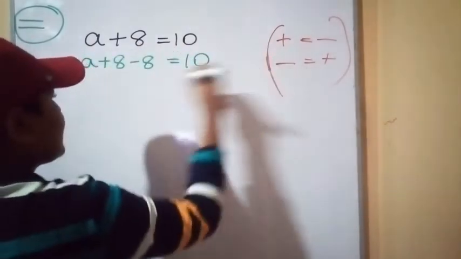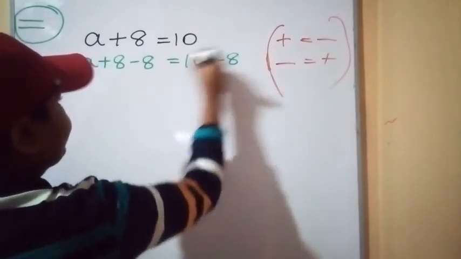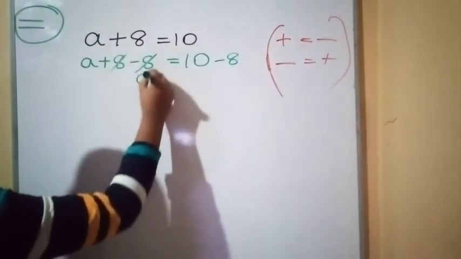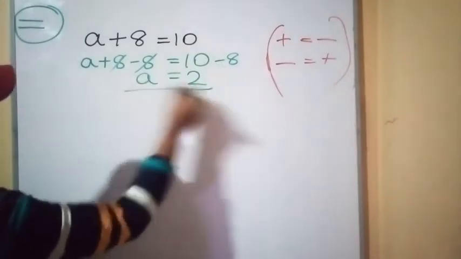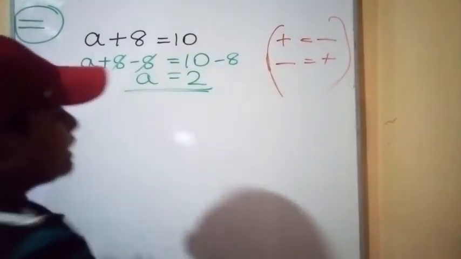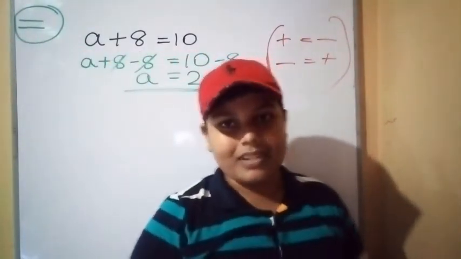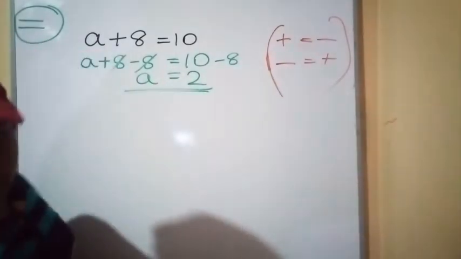The plus means subtract, on both sides like this. The 8s cancel. What remains is 10 subtract 8, which is 2. Alright, now I can give another one.